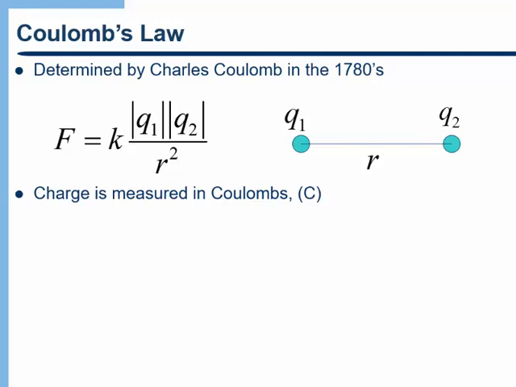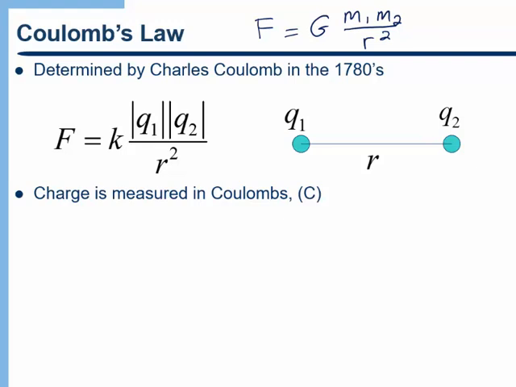Now let's look at Coulomb's law. Coulomb's law, which was determined by Charles Coulomb back in the 1780s, allows us to figure out the force that one charge exerts on another charge. Notice that it's mathematically identical to Newton's law of universal gravitation. Instead of our big constant G, we've got a constant k. Instead of the mass of each object, we have the charge of each object. And then again, we have the distance between the charges squared, just like we had the distance between the masses squared.